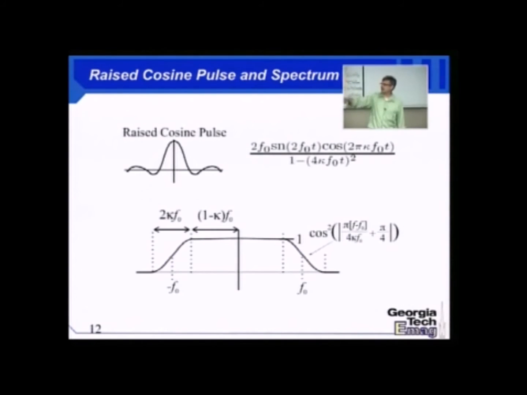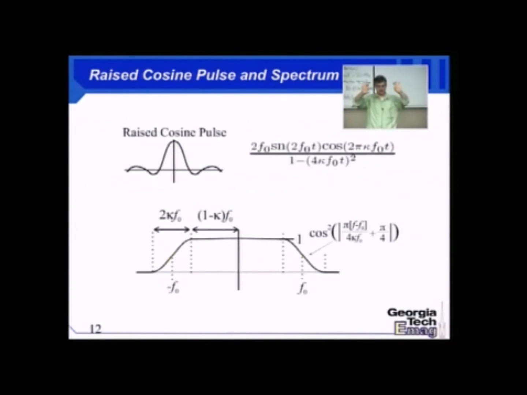When you add kappa, now your cosine pulse rolls off a little faster in the time domain. And what that means in the frequency domain, somebody must have stayed up all night working this Fourier transform out with their tables. They found that the Fourier transform is like a box that rolls off with a cosine component.